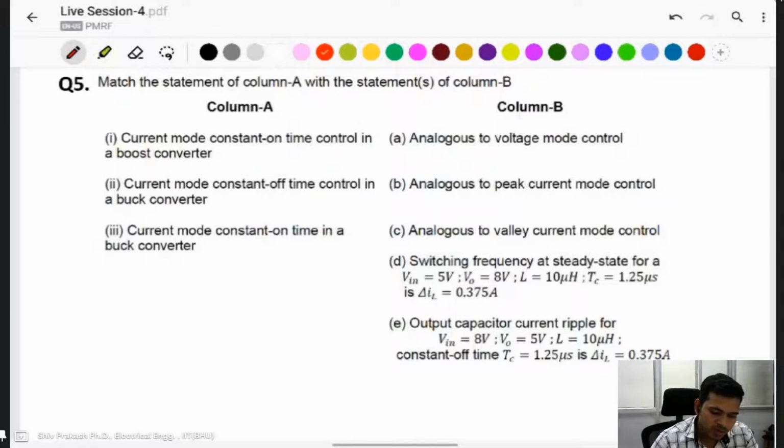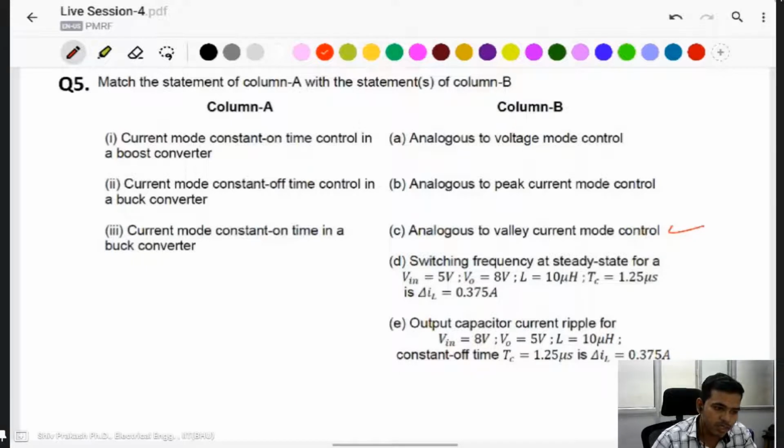In current mode control, there is constant on time and constant off time. Constant on time means trailing edge modulation. It is given by the current mode control because of the on time control, but the off time is varying here.